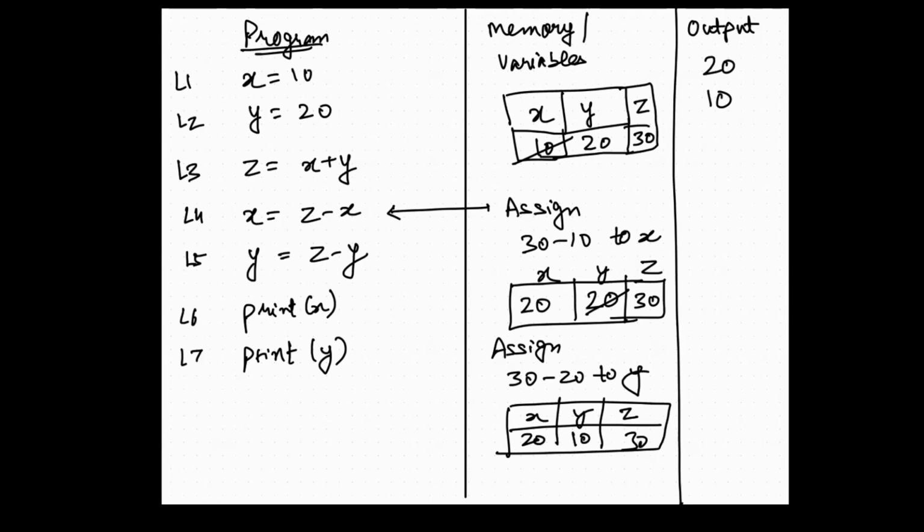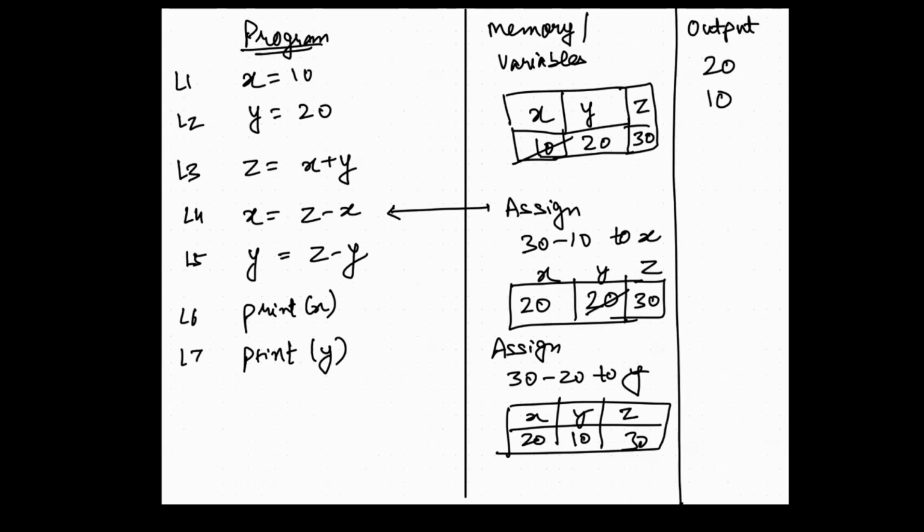Yes. Any questions in this? The question is in line 1 and line 4, the variables are... So let's go back to the definition today. A variable is a name given to something whose value can change.